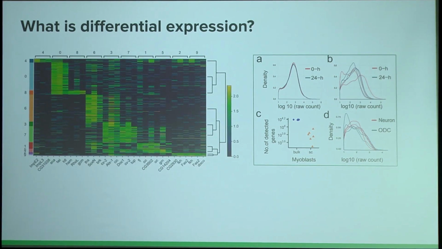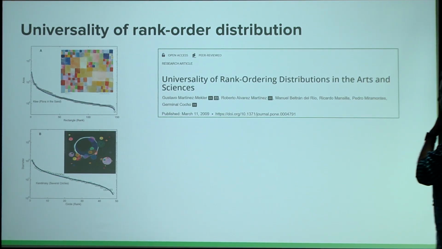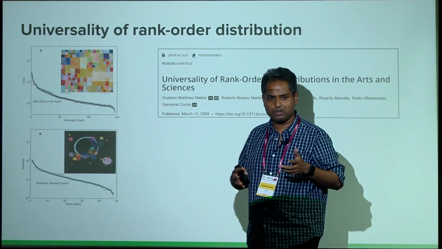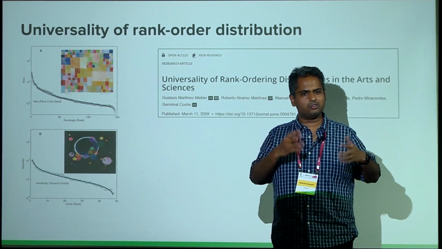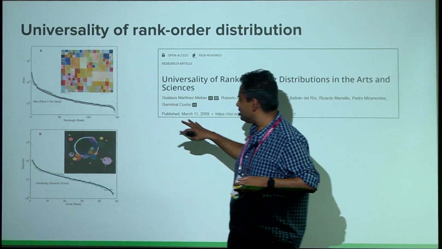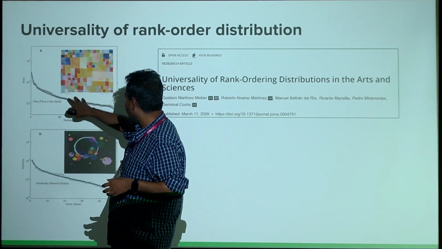Okay, so you know what differential expression analysis is? Between two groups of cells, finding the genes which are up or down is differential expression analysis. We came across a paper in PLOS One which, just like the normal distribution is universal and applies to everything, came up with a discrete beta distribution, which is like this.